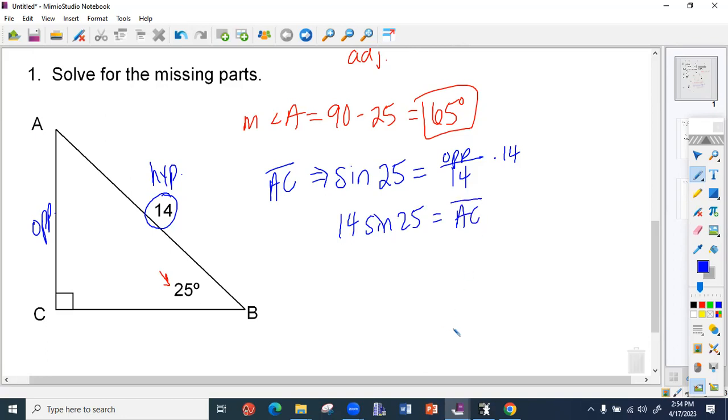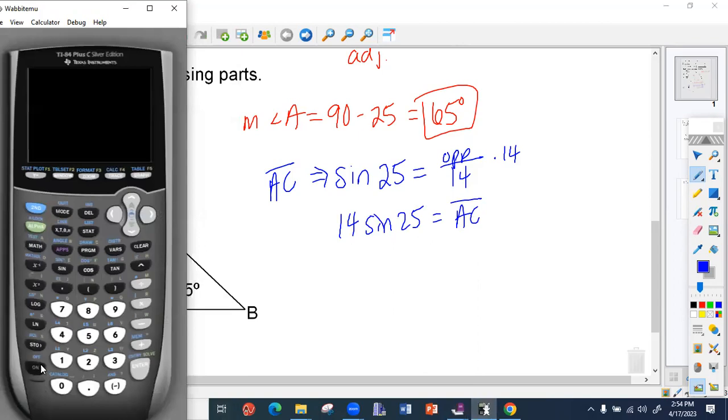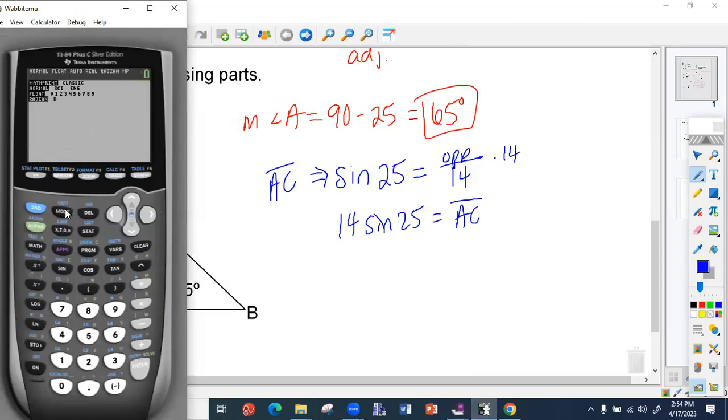Does that make sense? So I'm going to go to my calculator, and I need to make sure that it's in degree mode since my theta is in degrees. So I'm going to go to mode, switch from radian to degree. And now I'm going to type in 14 sine of 25. We're going to round to the nearest tenth.